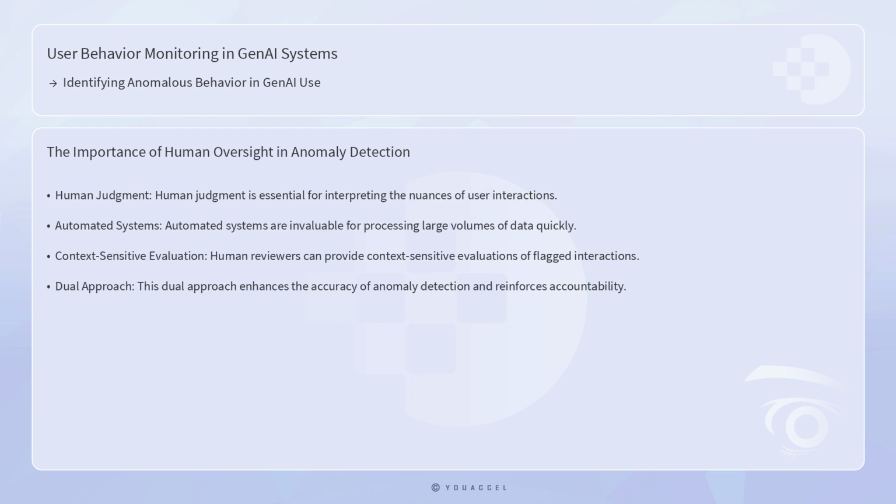behavior. The role of human oversight in identifying anomalous behavior cannot be overstated. While automated systems are invaluable for processing large volumes of data quickly, human judgment is essential for interpreting the nuances of user interactions. In many cases, what appears to be anomalous behavior may be explained by legitimate changes in user needs or external influences.